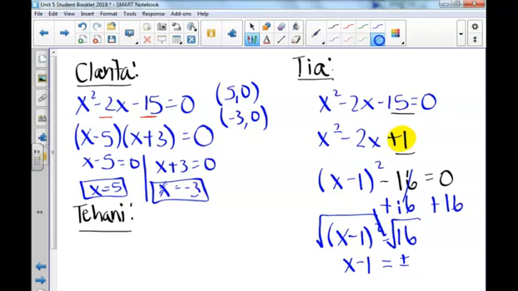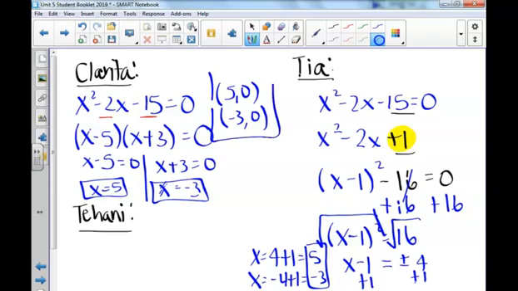The square root of 16 will be plus and minus 4. Therefore, our solutions should be x equals 4 plus 1, which is 5, and x equals negative 4 plus 1, which is negative 3. And those indeed check based on what we did with the other methods.